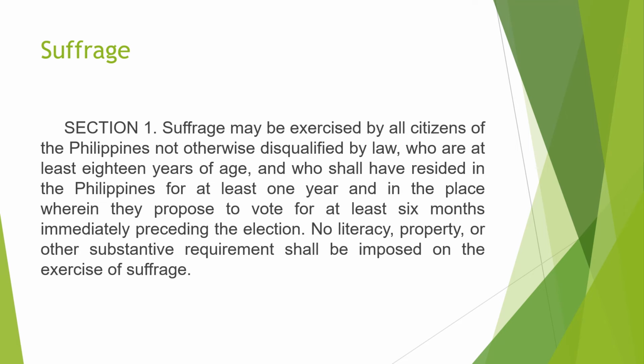The provision of suffrage in our 1987 Constitution, Section 1: Suffrage may be exercised by all citizens of the Philippines not otherwise disqualified by law, who are at least 18 years of age and who shall have resided in the Philippines for at least 1 year and in the place wherein they propose to vote for at least 6 months, immediately preceding the election. No literacy, property, or other substantive requirement shall be imposed on the exercise of suffrage.